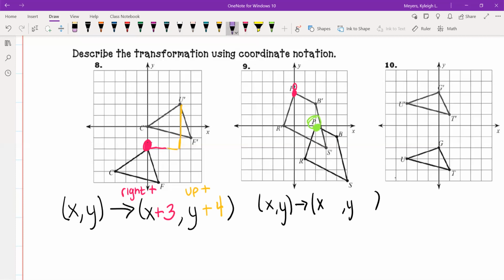Well, if I were to draw lines there, I'd go right, then up. I'm going right 1, 2. So my x is plus 2. And I'm going up, which is also plus 1, 2, 3. It's going up 3. So that's our coordinate notation.